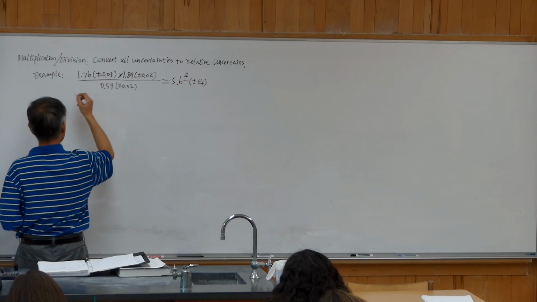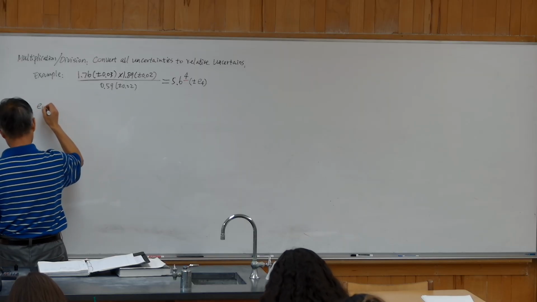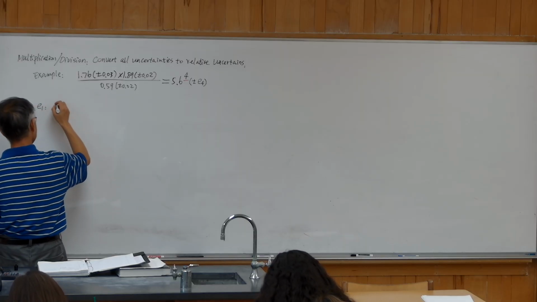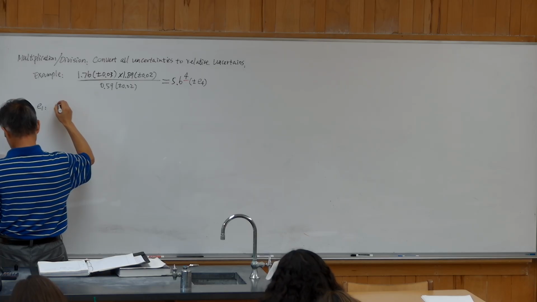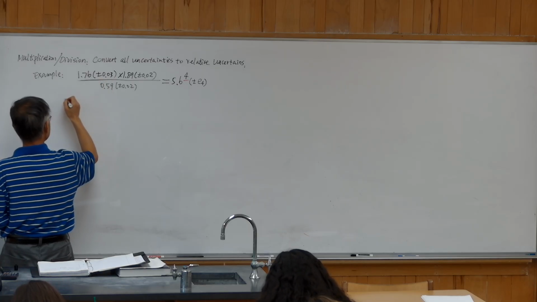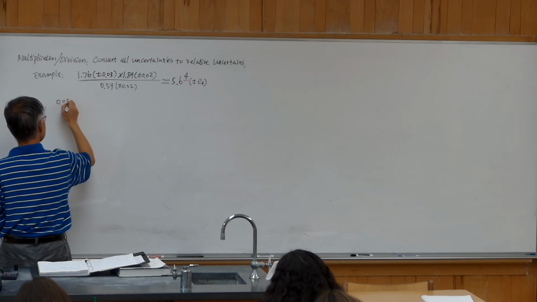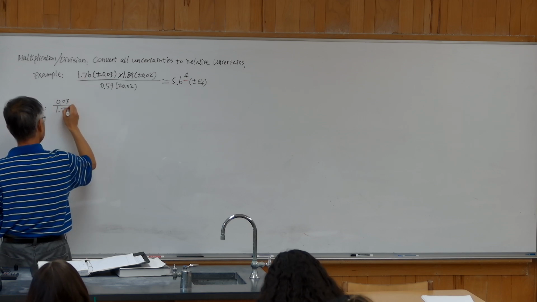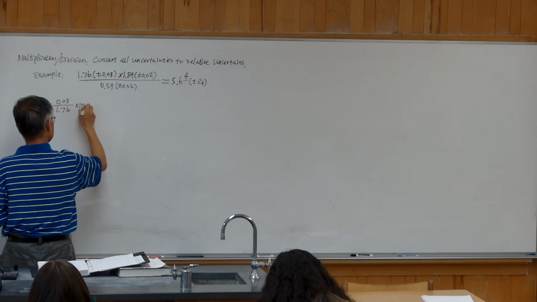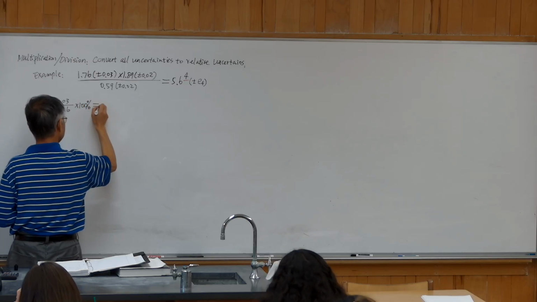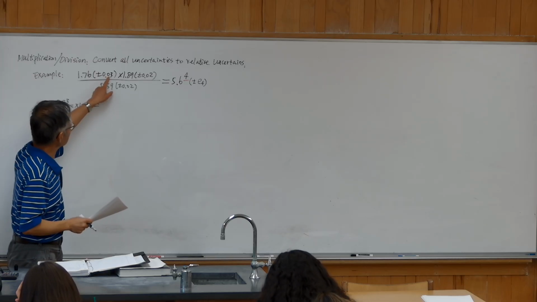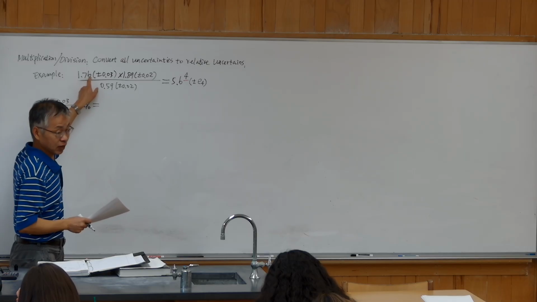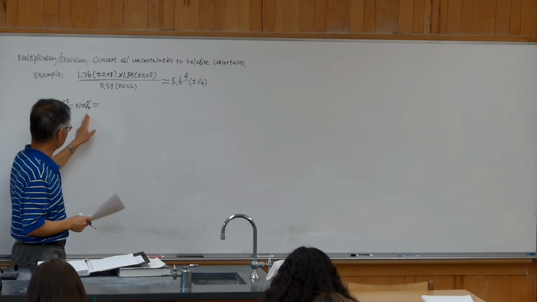So this is E1, absolute uncertainty 0.03. Convert to relative uncertainty using percentage: absolute uncertainty divided by its actual value times 100%.